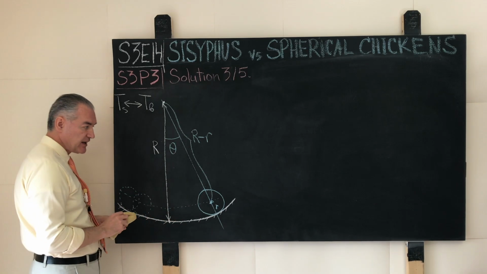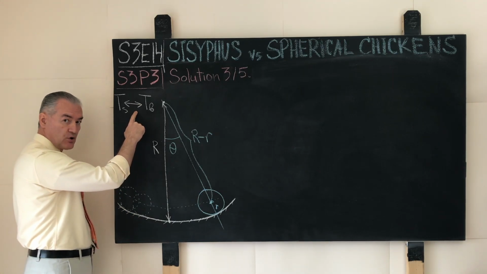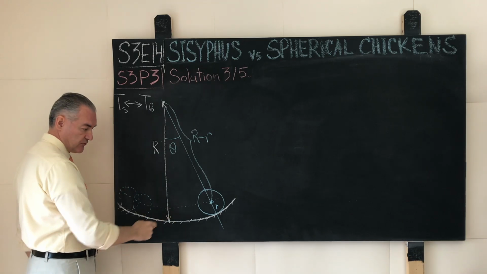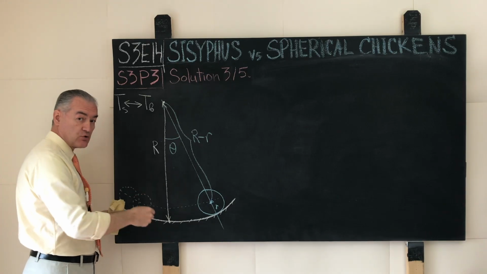The idea here again is to compute the period of small angle oscillations of the center of mass of either a sphere or a ball.